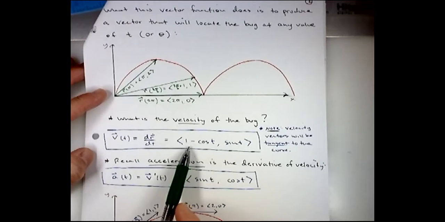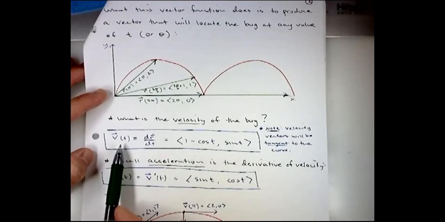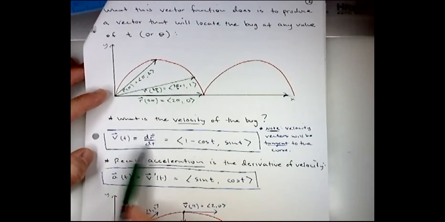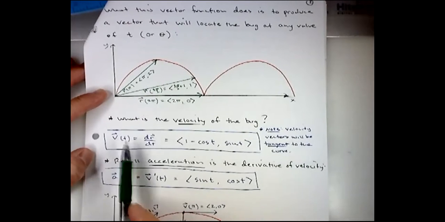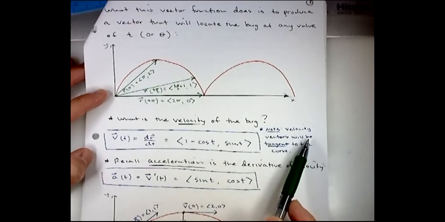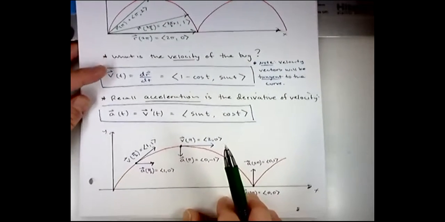So taking the derivative, I get 1 minus cosine of t, comma sine t. And because it is a derivative, we also know the derivative of a function produces tangent lines, right? So my velocity vector will be tangent to the curve. And we'll see that in a second here.